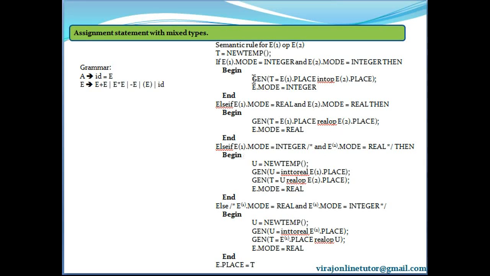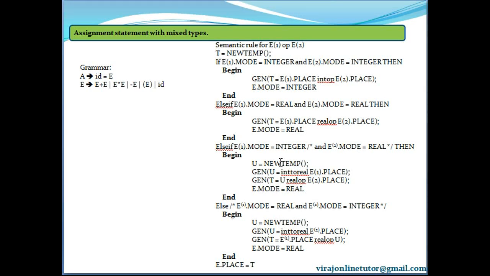Else if E1's mode is integer, then the very moment that I have reached here, obviously E2's mode is real, because if E2's mode was also integer, this would have been satisfied.